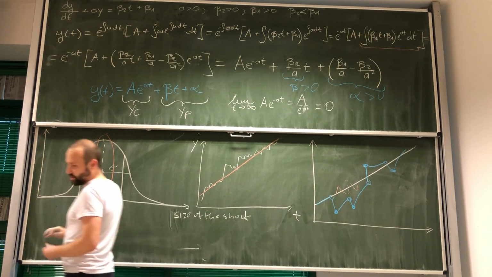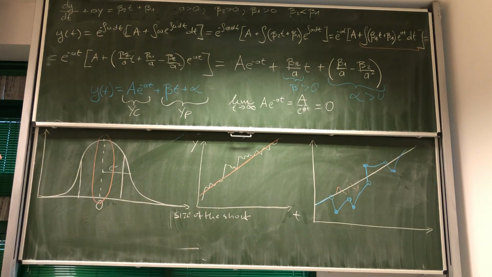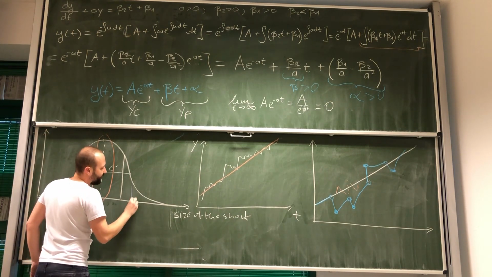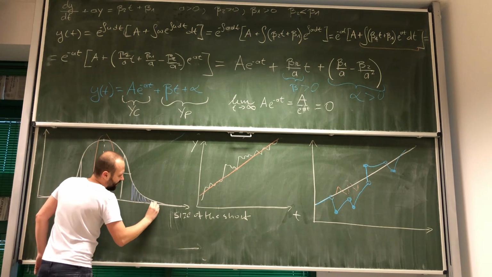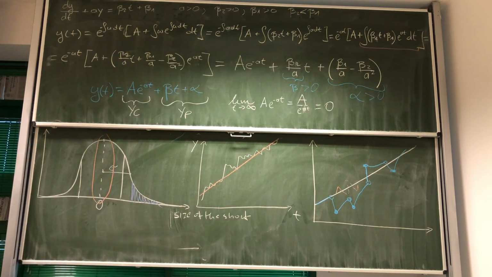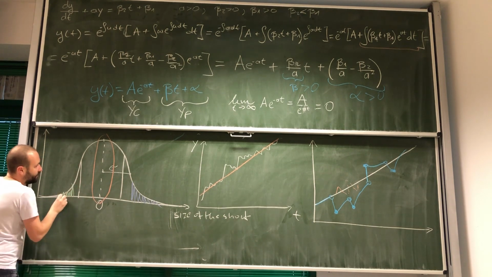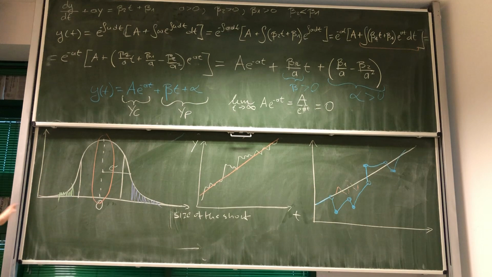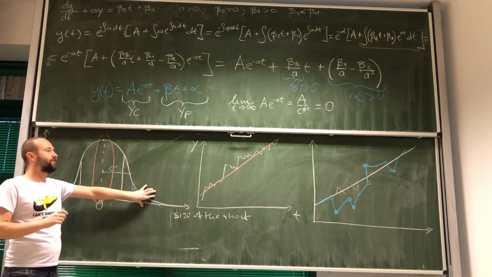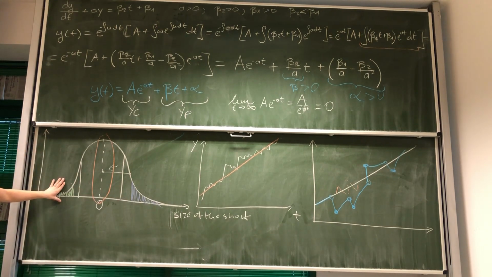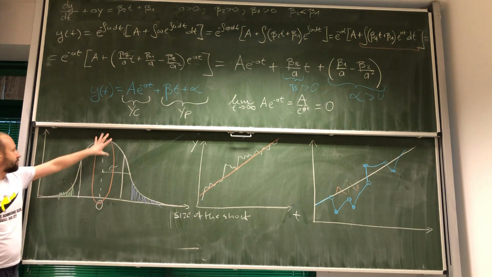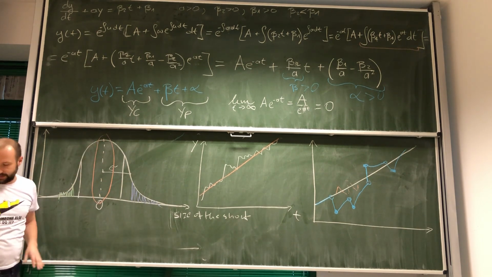Now, bigger shocks, very strong positive shocks, are, let's just say, over here. Very strong negative shocks are over here. So look, those shocks happen relatively not often. Those are the ones that dominate.